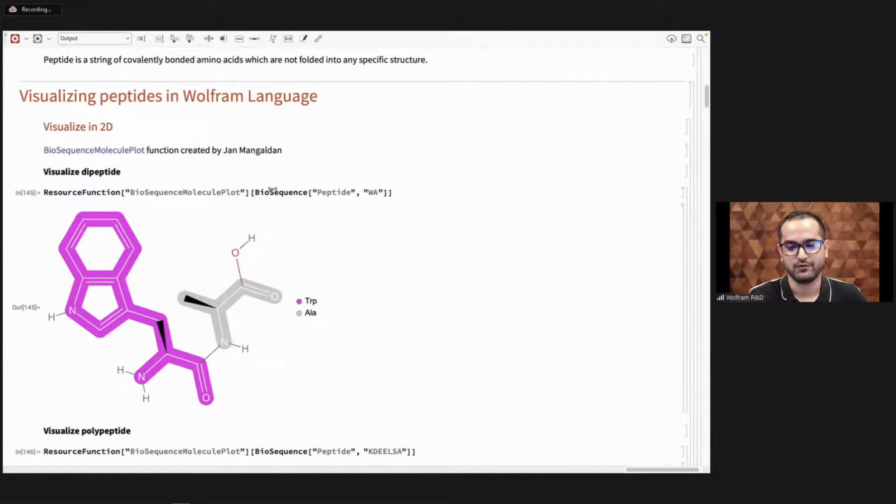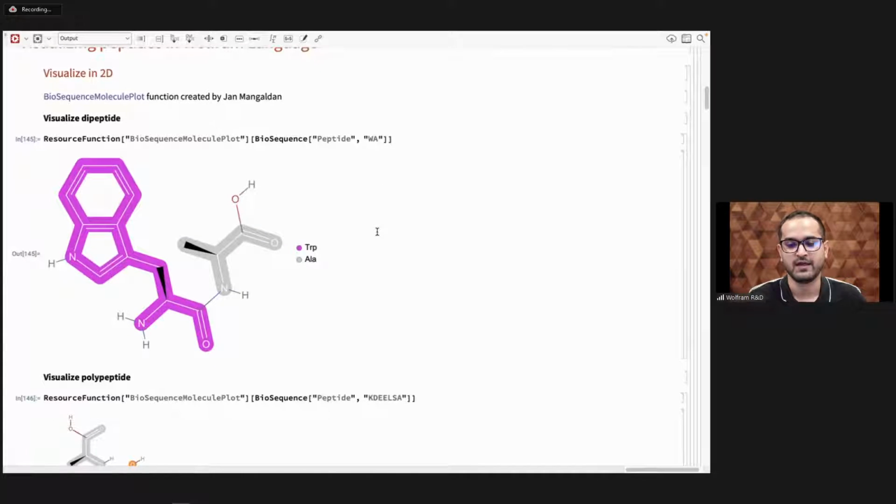Using this command, you can generate the 2D structure of the peptide, and you can give the sequence as 1-letter amino acid codes. As you can see, this is a dipeptide consisting of tryptophan and alanine, respectively color-coded. And this bond between the amino group and the carboxyl group is called the peptide bond when you are thinking of peptides or proteins.